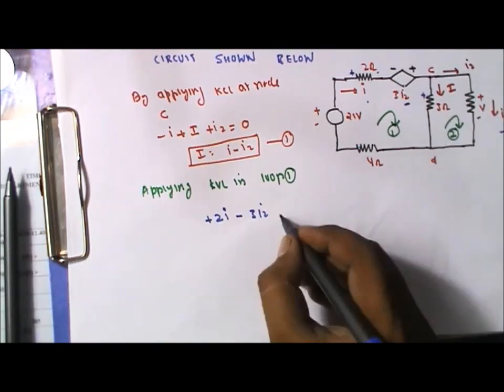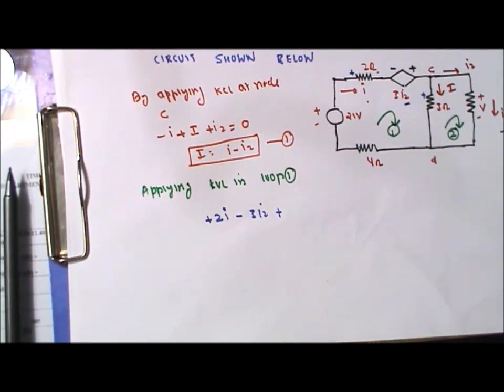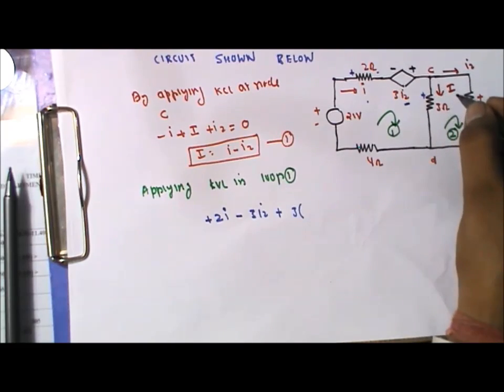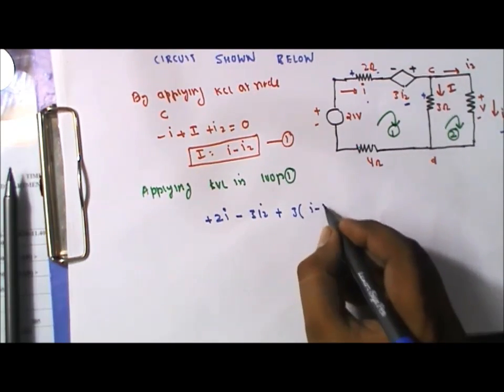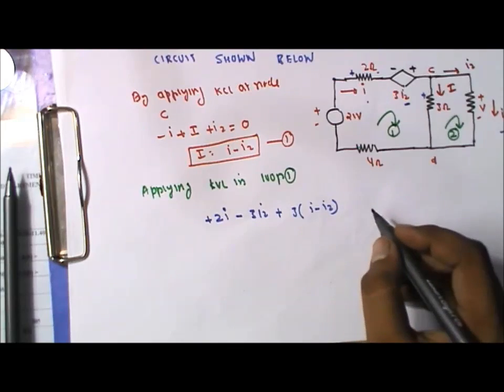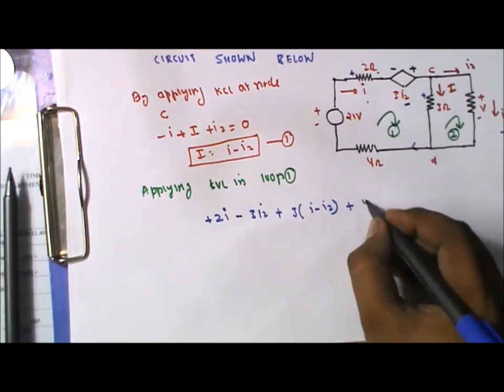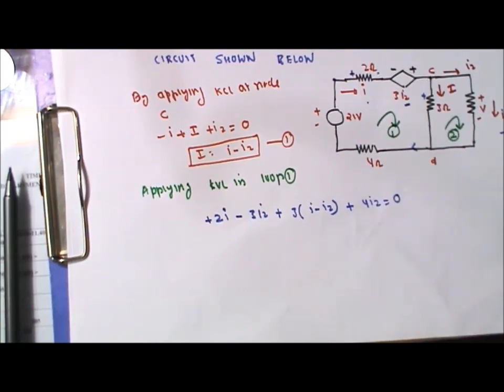It has a plus sign, plus 3 into the current, whose magnitude is I minus I2, plus 4 into I should be equal to 0.